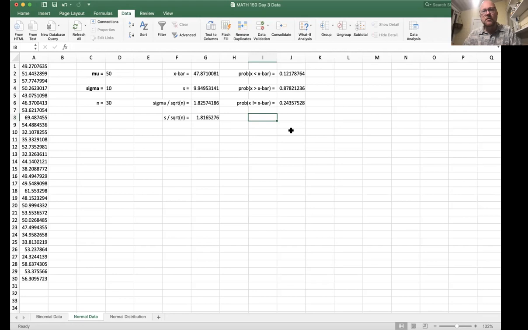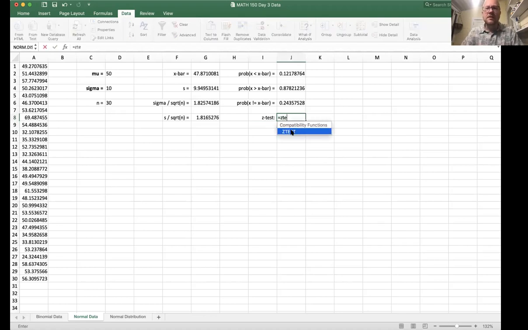If you go in here, I'm going to label this one as just z-test and not really say exactly what's going on with it, but I'm going to say equals z-test, this thing that's built in. And if you can read it there, it says z-test of array. So the array is going to be the group of data that you've got. And remember that for us, that's A1 colon A30.